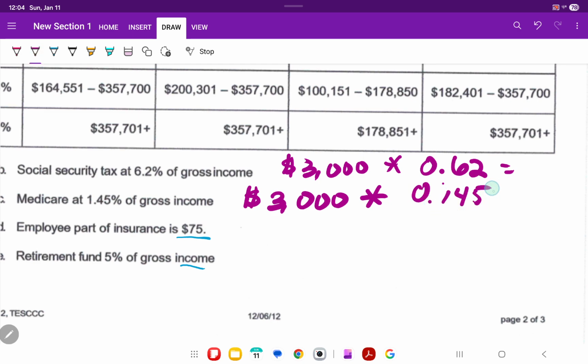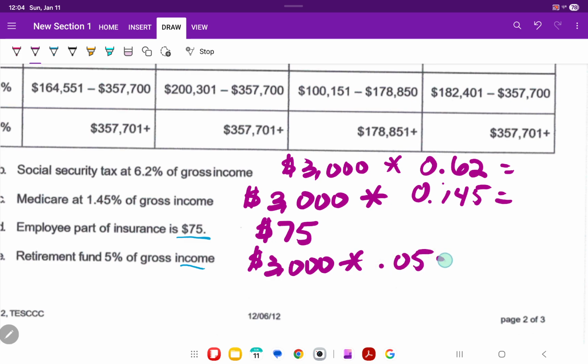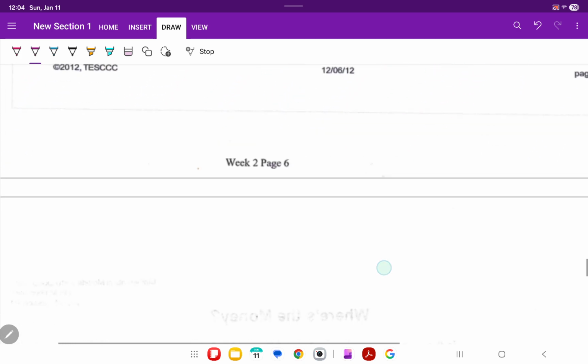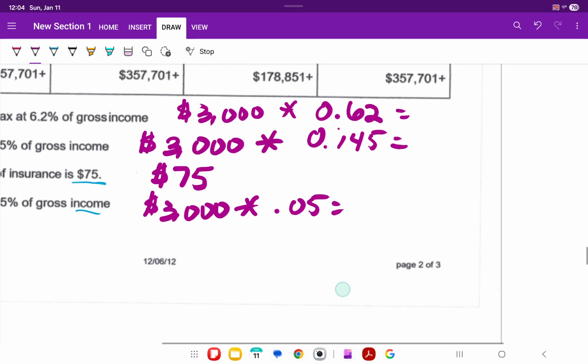Okay, 145 equals employee part. Well, there's no multiplication or division on this one, and it's just what is called a flat rate, $75. This one is a 5% one, so we're going to take 3,000 times 0.05 equals. Now we're going to come up with all those deductions, and then we'll calculate their net pay.